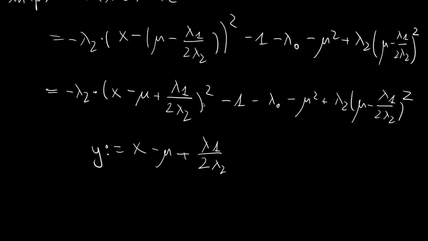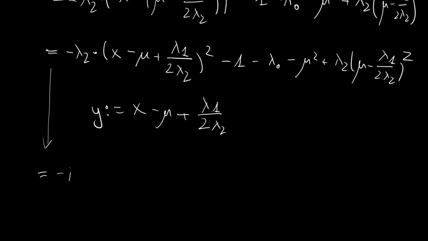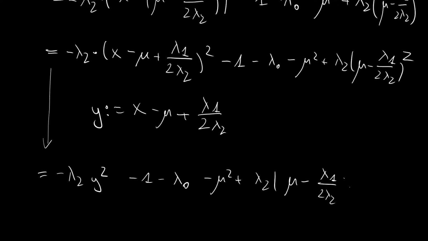And I hope this also gives you a little meaning why we did the completion of the square, because we then only have y squared left and we don't have any linear components in y. So this would then lead to the following, that we have minus lambda 2 y squared minus 1 minus lambda 0 minus mu squared plus the lambda 2 times the mu minus lambda 1 over 2 lambda 2 in brackets squared.